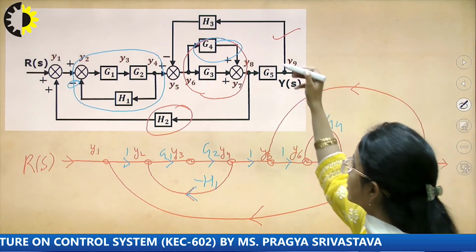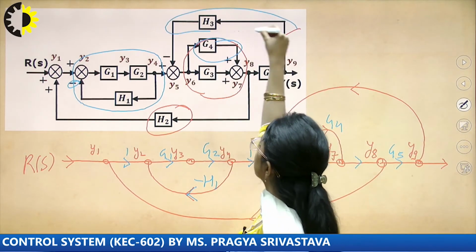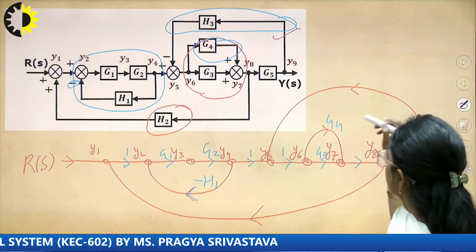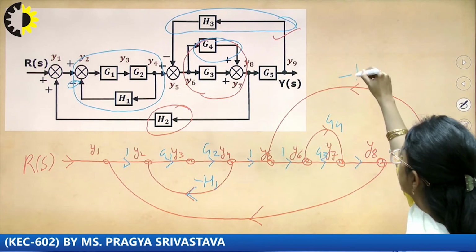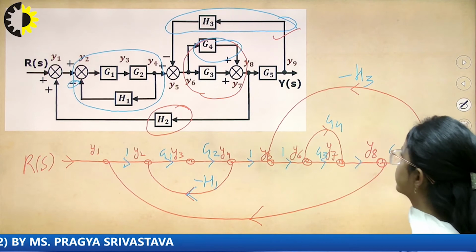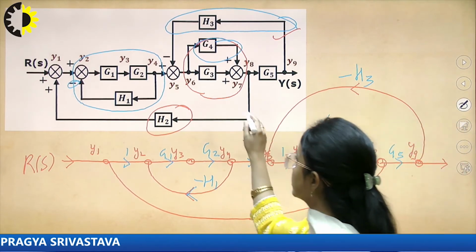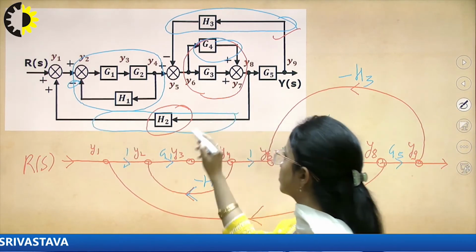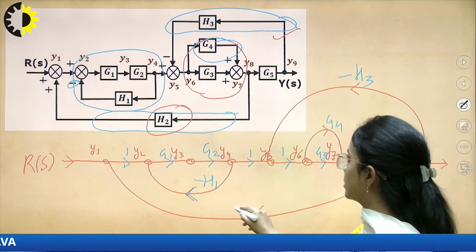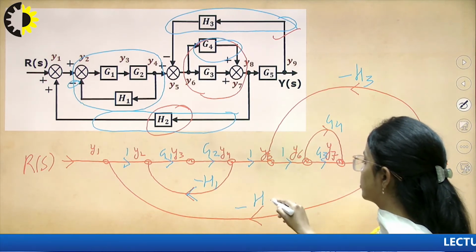The path gain for this particular branch is minus h3. The path gain for this particular branch is minus h2.